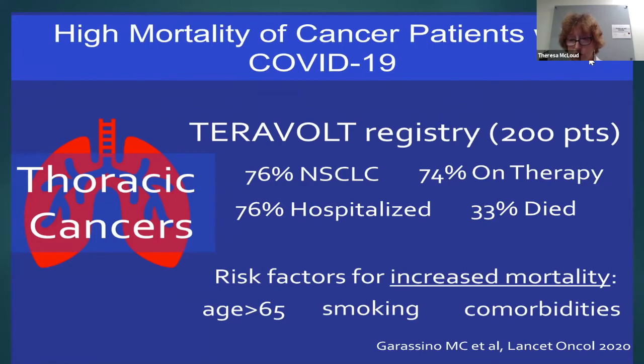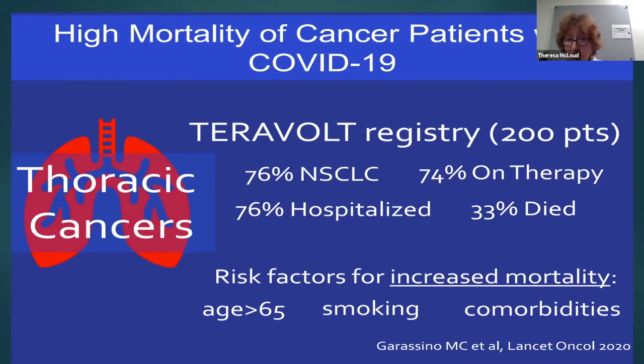I'll just move this over a little bit so we can see everything. 74% were on therapy at the time. 76% of patients with COVID pneumonia were hospitalized, and 33% died. So these are all patients with COVID pneumonia. You can see the very high death rate. You know, in the general population of those who become hospitalized, it probably is no more than 5 to 10%. And those that aren't hospitalized, you know, the mortality rate is well below 5%.